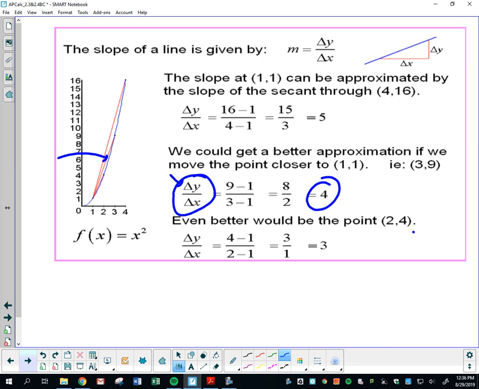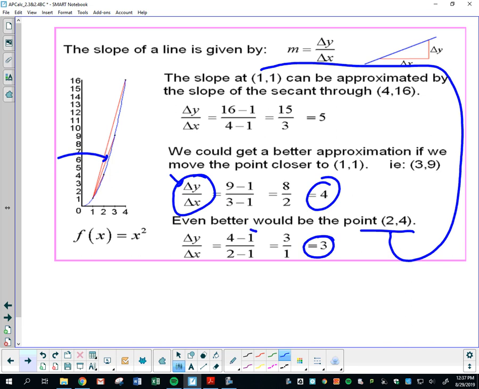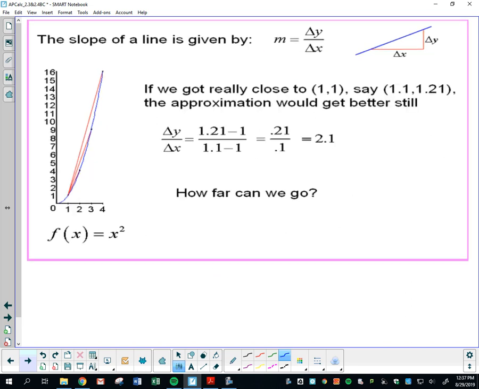I bet I could get an even better approximation of the slope of the tangent line by going to the next integer over, from 1 to 2. I bet I could get a pretty good estimated tangent line. And then I get 3. Here's the mathematics behind getting 3. And then I bet I could go even better.